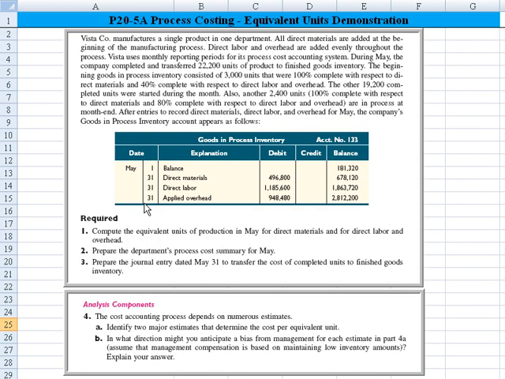What did the problem say? During May, the company completed and transferred 22,200 units. Let me state that again. 22,200 units were completed during May and transferred, but the beginning goods in process consisted of 3,000 units that were 100% completed with respect to direct materials and 40% with respect to direct labor.